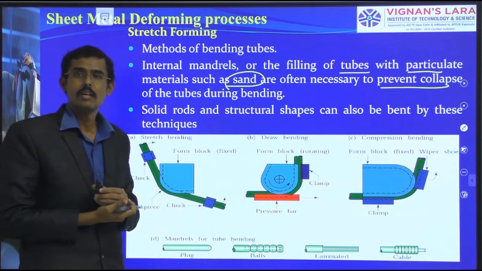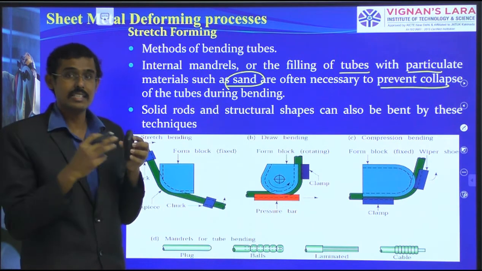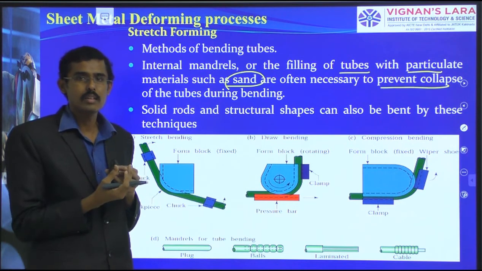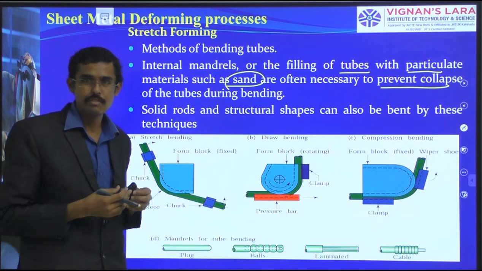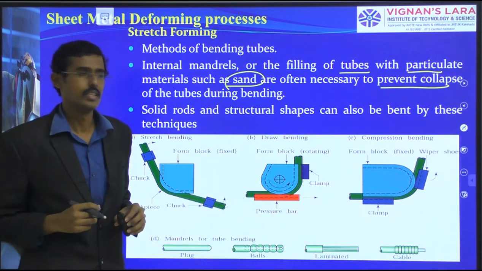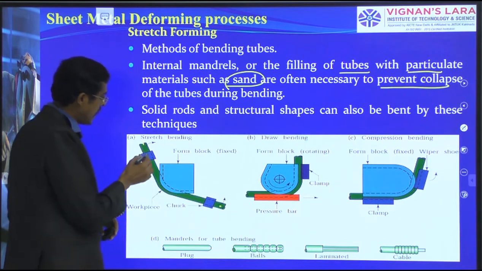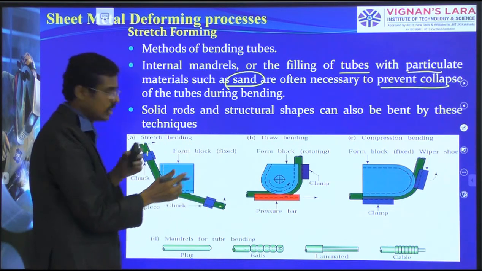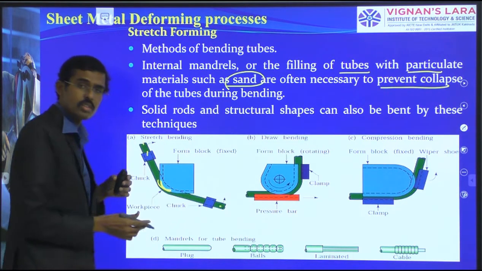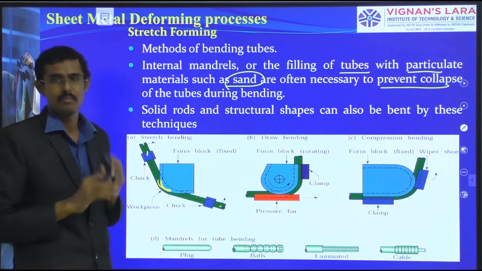But that sand is not capable of 100% resistance; it can resist about 70%. Here I have filled the sand in the pipe, and I hold it and stretch. In these zones, the sand gives resistance, at the same time 70% only.